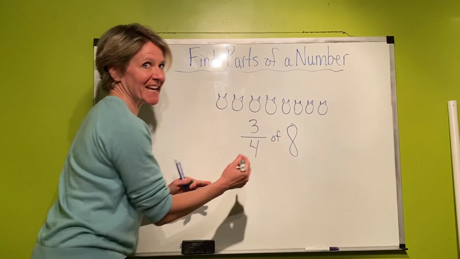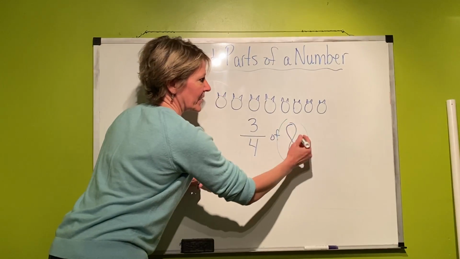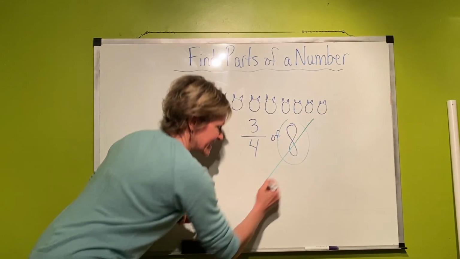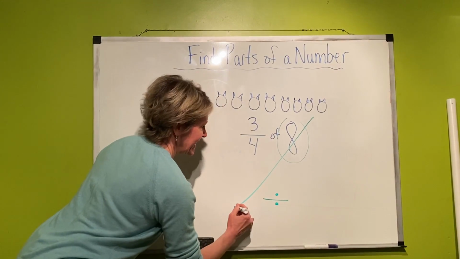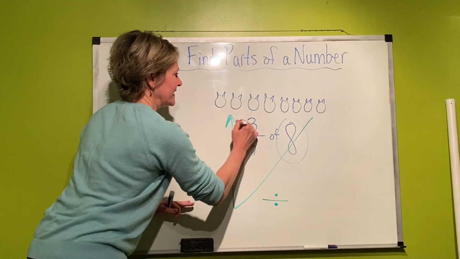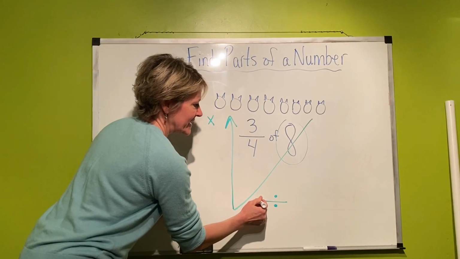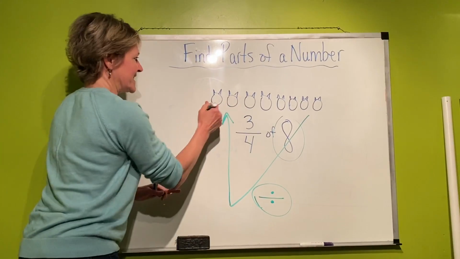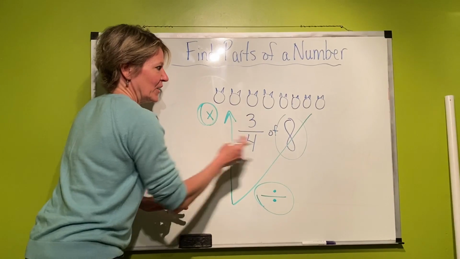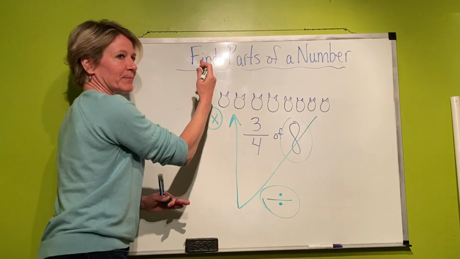It's going to be a zigzag. Watch this. You start with your big number. Zig, zag. Did you see the two symbols I wrote? Zig, zag. You're going to go diagonal and divide, straight up and multiply.